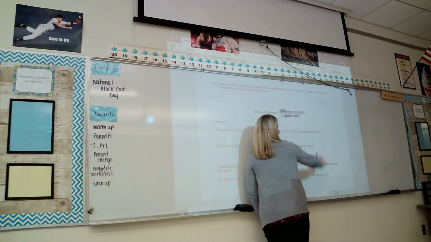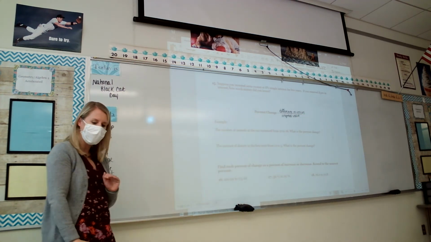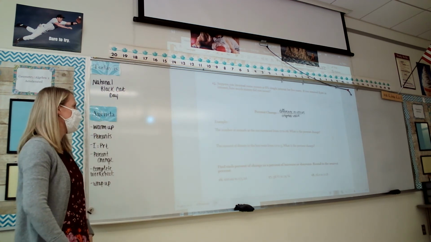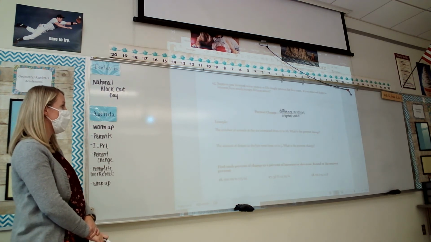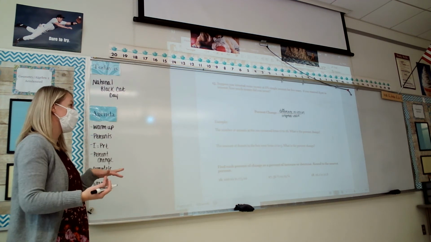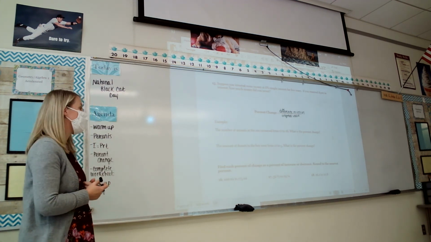That means a whole bunch of nothing right now, so I'll tell you what that means with some numbers. But for now, at least write it down so you have something to refer to. So an example, the number of animals at a zoo is increasing. They started with 12 animals and it's increased to 26. I want to know what's my percent change.